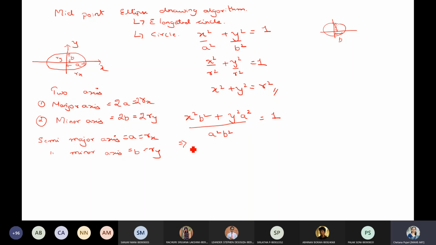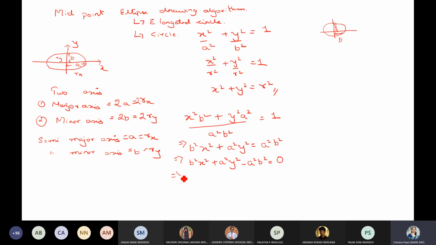Then I'll rewrite this term: b square x square plus a square y square is equal to a square b square. This is the equation of your ellipse: b square x square plus a square y square minus a square b square is equal to 0.